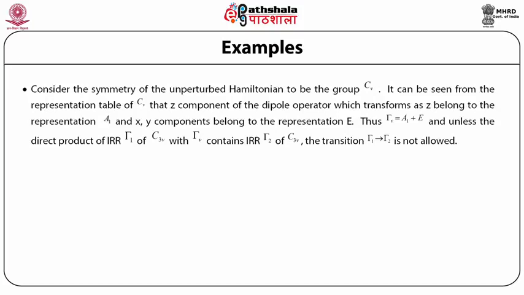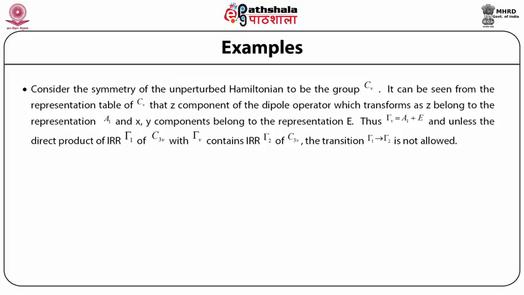It can be seen from the representation table of C3v that the Z component of the dipole operator, which transforms as the component Z of a vector R, belongs to the representation A1, whereas the X and Y components belong to the representation E. Thus, the dipole operator V, or its representation gamma V, is A1 plus E.